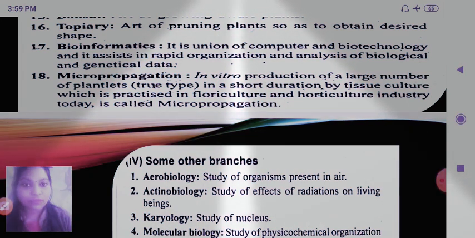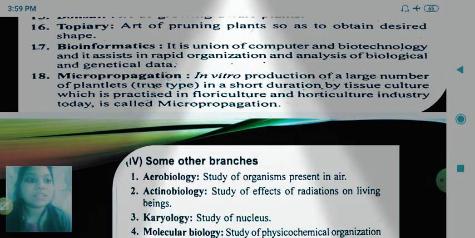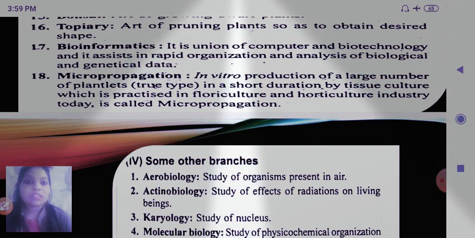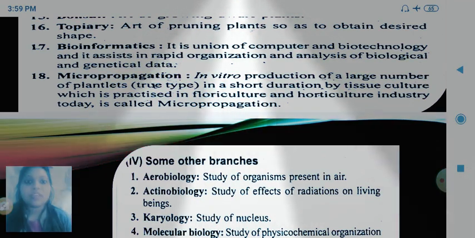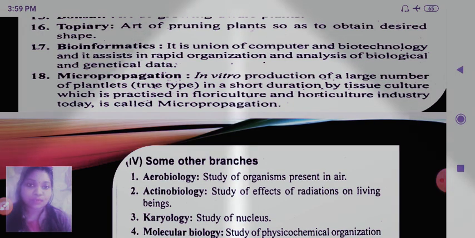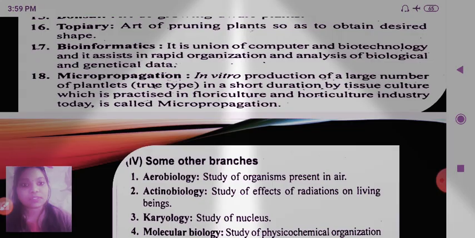Further, it develops into a large tree in a short duration by tissue culture, which is practiced in the floriculture or horticulture industry today, and is called micropropagation. Next we come to some other branches.